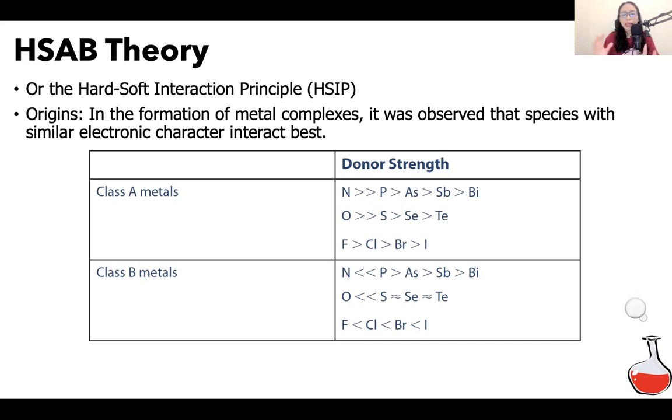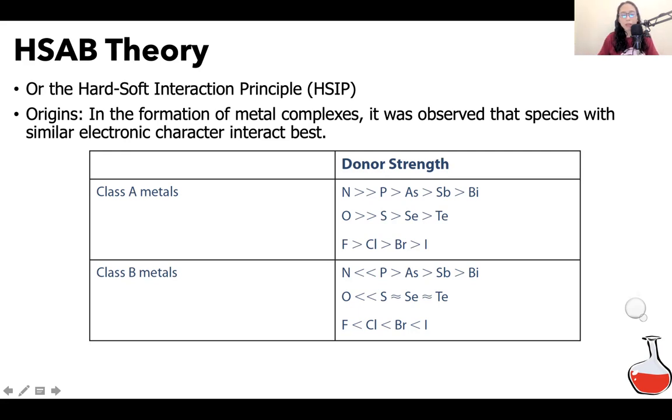Now, when you say class A metals, these are metals that form more stable complexes if the donor atom is the first member of the group in the periodic table. So, for example, group 15, so the first member there is nitrogen.